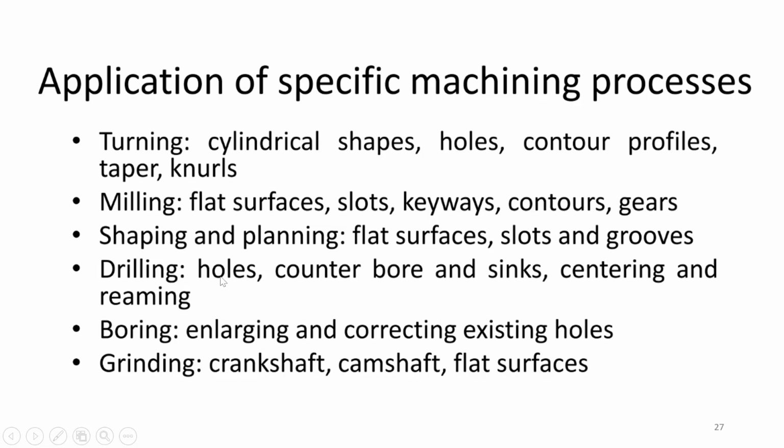In case of drilling, you will be making holes, counterbore and countersinks, centering and reaming. In case of boring, you will be enlarging and correcting existing holes. In case of grinding, you can make crankshaft, camshaft and flat surfaces.